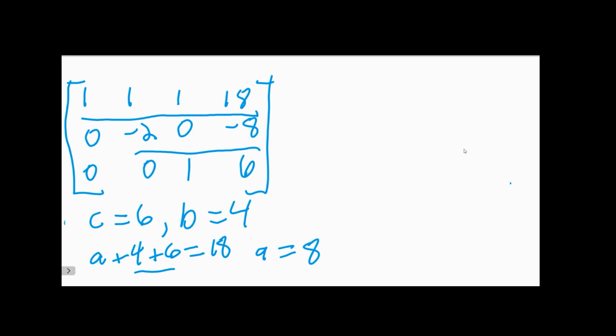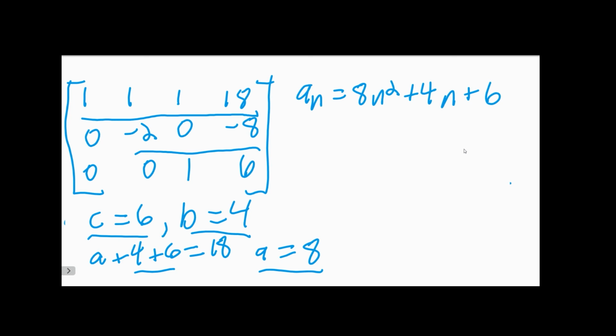And so if we look at what we have, A is 8, B is 4, and C is 6. So it seems like the rule then would be 8n squared plus 4n plus 6. But we want to make sure this is indeed the correct rule. So I'm going to double check, and I'm going to see if I plug in 1 for n, I get the first term.